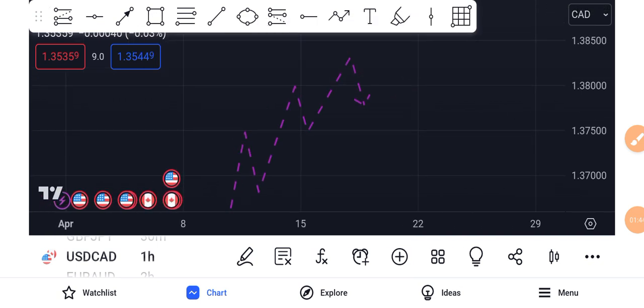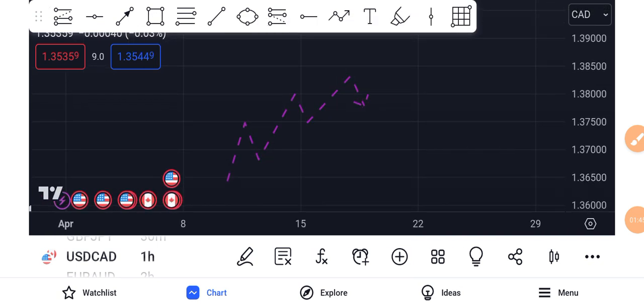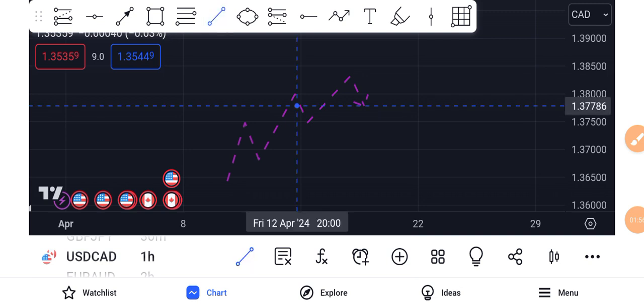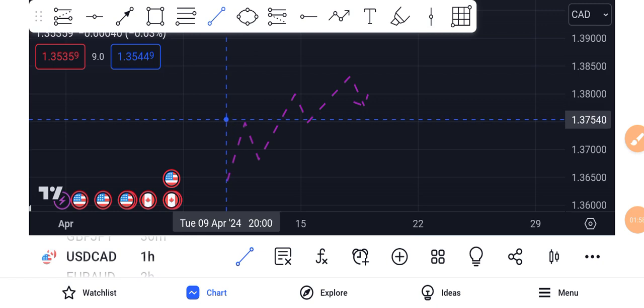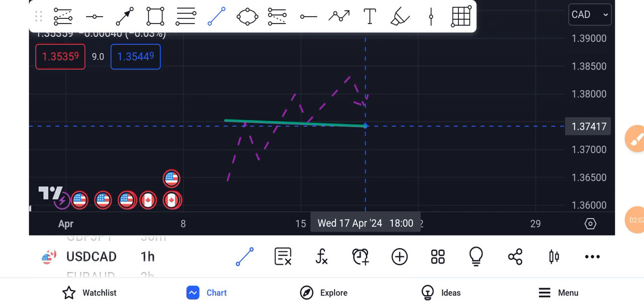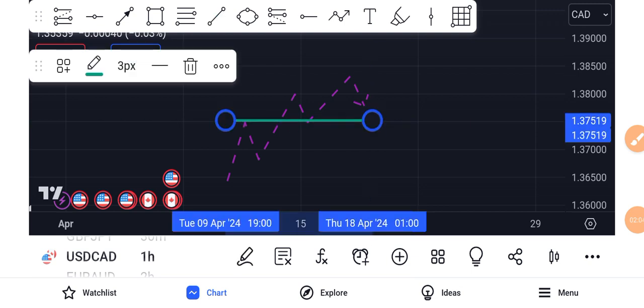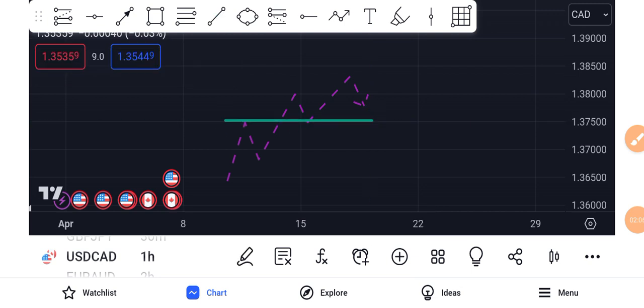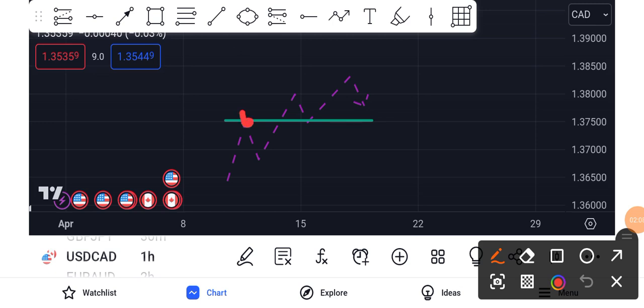Okay, so now how do we identify supports and resistance on this? We actually consider them as zones. So when the market is rising at the higher side, this is a resistance, where the market hits, like here. It breaks through the resistance.